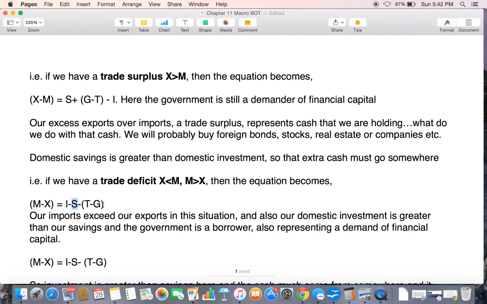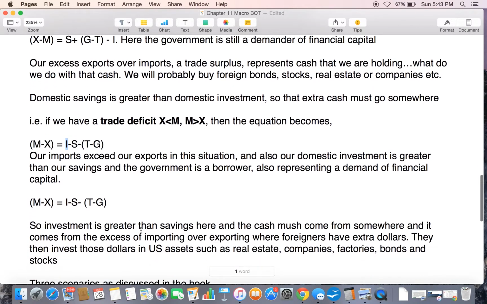So our domestic investment is greater than our savings, and the government here is a borrower, representing a demand for financial capital. When this happens, that cash must come from somewhere.